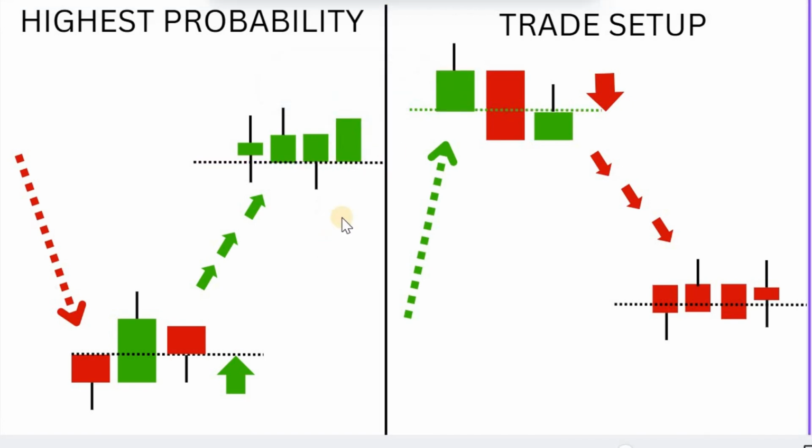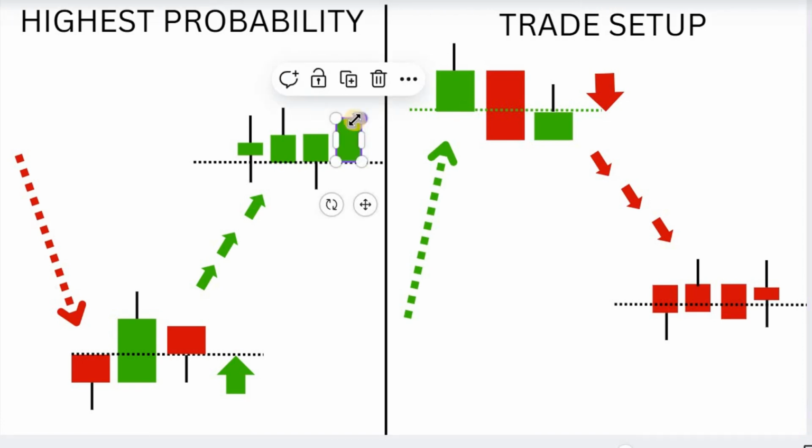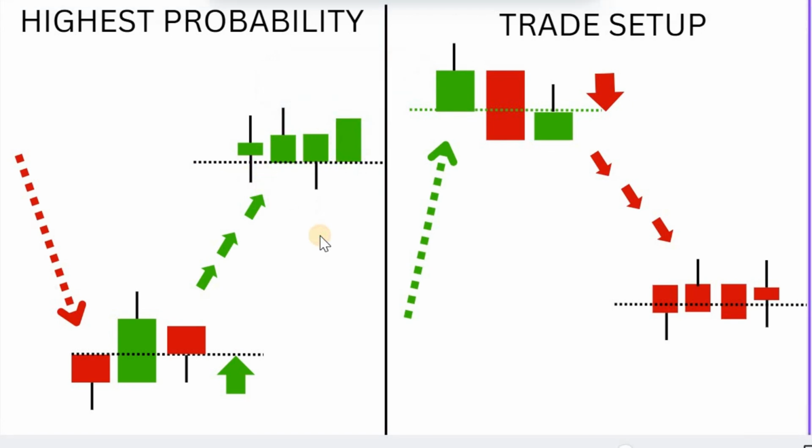In other words, you need like 3 minutes expiration time, 4 minutes, 5 minutes expiration time, so that when you enter your call trade, it might go down and then it goes up within the expiration time that you have set up. The same thing is happening here for this kind of candlestick. I know the line is here.